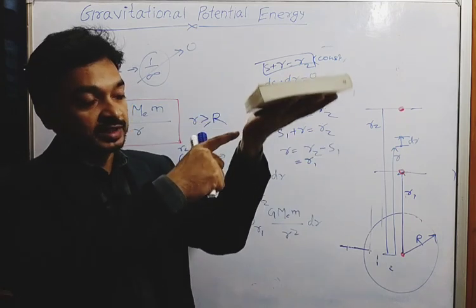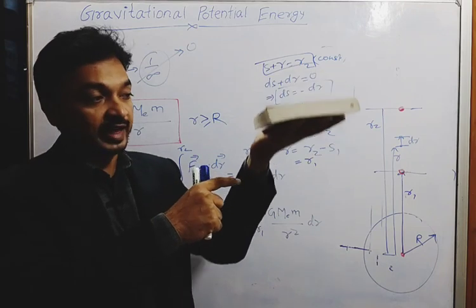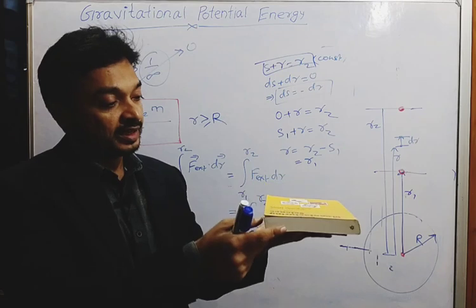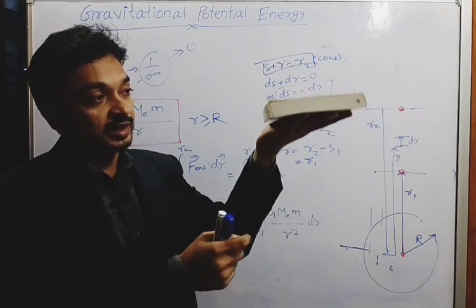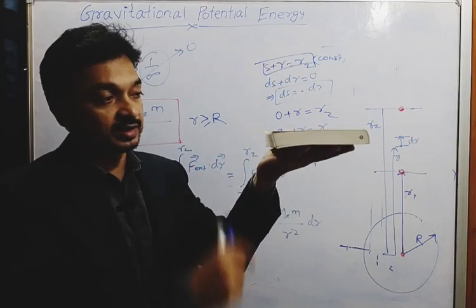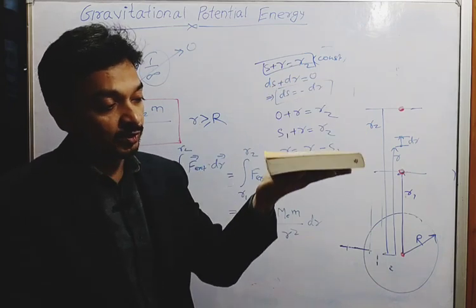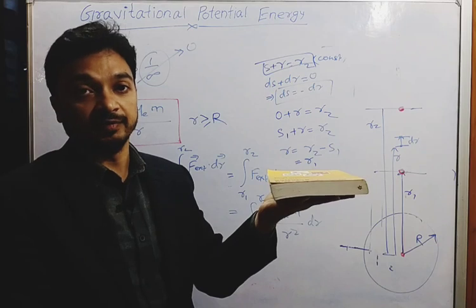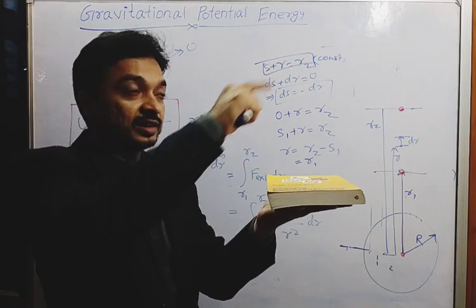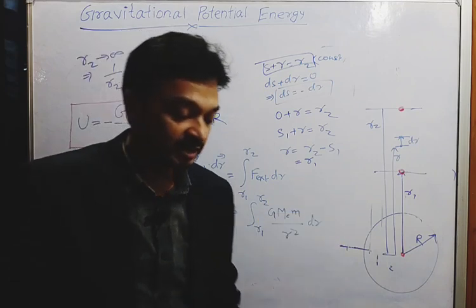Direction of force is same in both cases, but direction of displacement is different. In this case, work done is positive because force and displacement have same direction. In this case, work done is negative, but both have same magnitude if final and initial position is fixed.